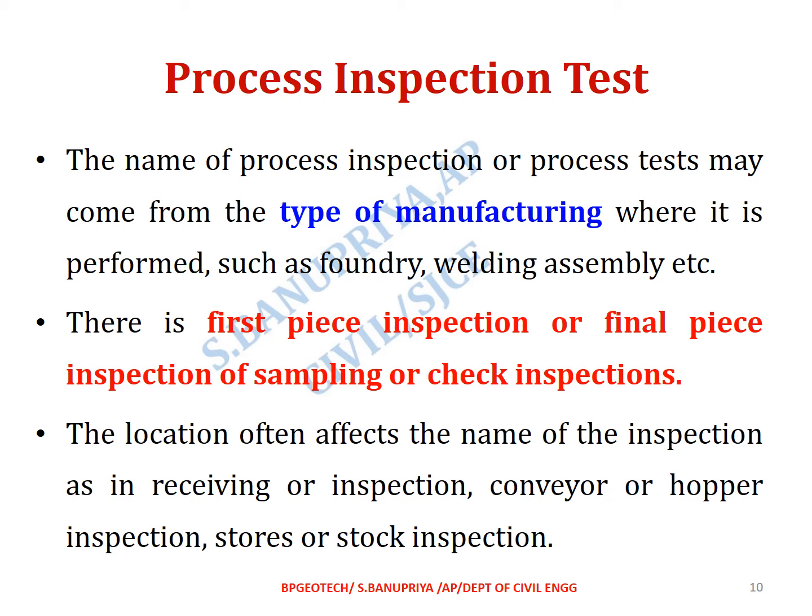The location often affects the name of the inspection, as in receiving inspection, conveyor or open inspections, stores or stock inspection. The process inspection test is nothing but randomly picking samples from the foundry, welding or assembly and finding out the flaws with your naked eyes. Those testings come under process inspection testing.